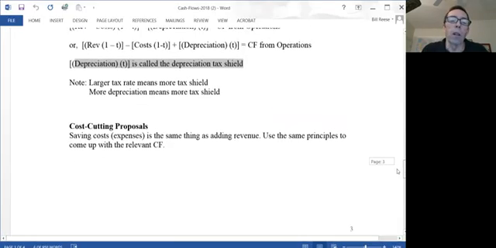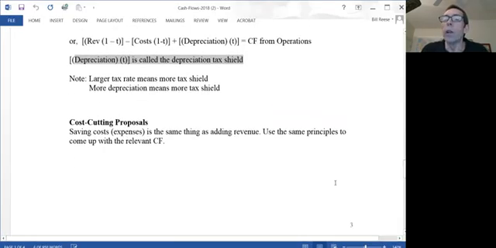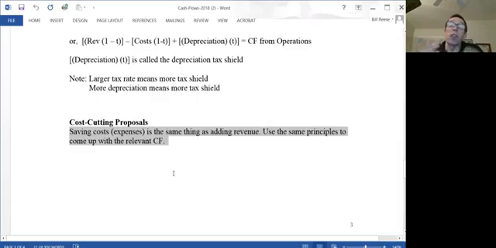Now, one more thing I want to mention before we go into an example of this, which will be in our next video, is anytime you are saving on your costs, that's the exact same thing as adding revenues, okay? Because sometimes you will have projects that are not producing something new, but it's a project where you're going to bring in a new piece of equipment that will actually reduce your costs. It works the same way.